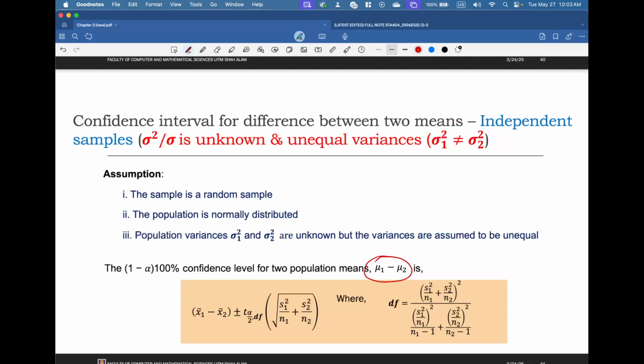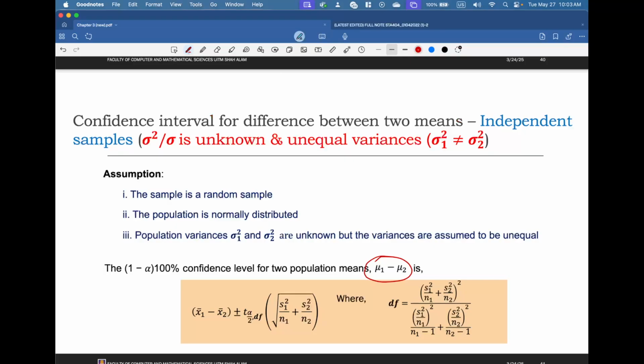So we try to calculate the interval estimation for mu1 minus mu2, and for the alpha value the concept is still the same. We determine the alpha value based on the given confidence level.